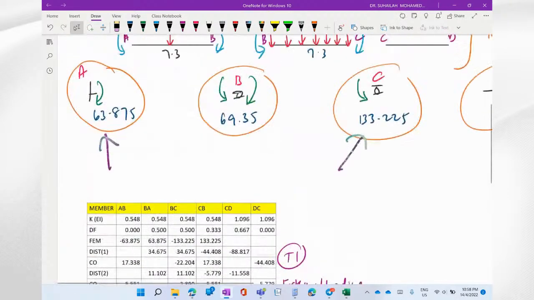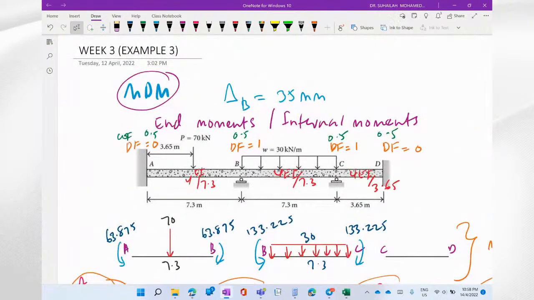Table number 2, we need to consider this. Delta at B is equal to 35 mm. So to analyze this, we have to consider the behavior as well.